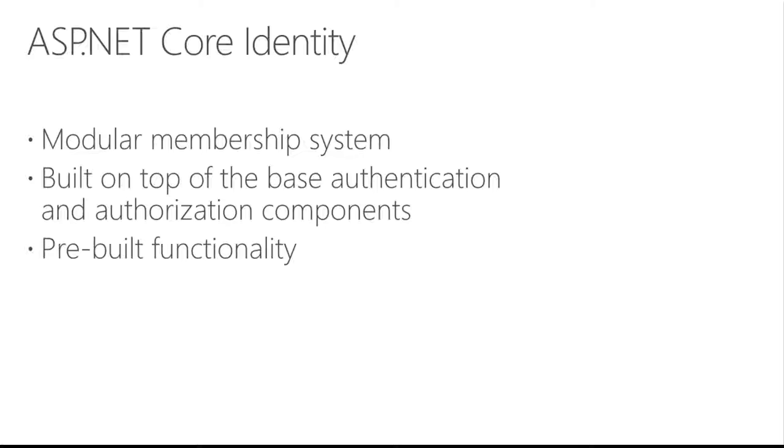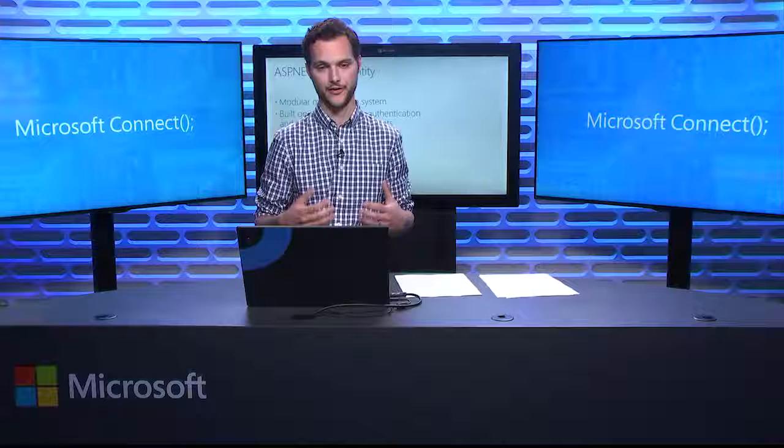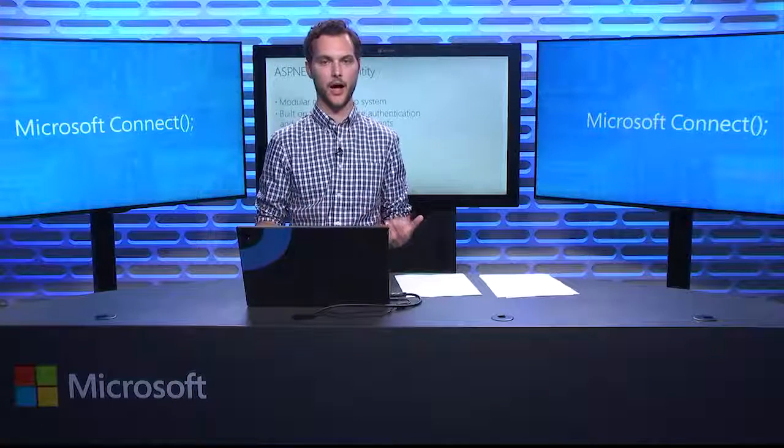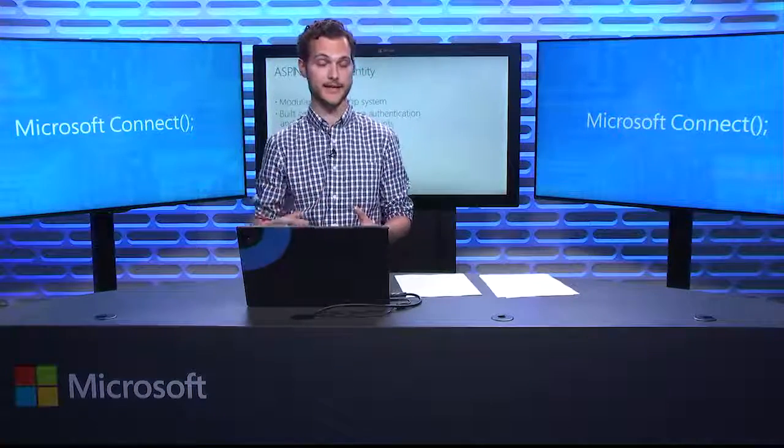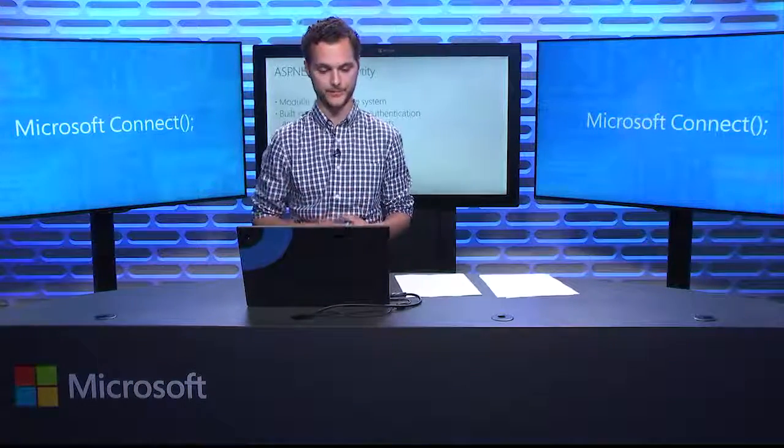But ASP.NET Core Identity isn't like magic or anything. It's just a set of classes and pre-built code that sits on top of those base authentication and authorization components that you just saw. So ASP.NET Core Identity gives you a lot of this functionality out of the box, and you don't have to write it from scratch. But under the hood, it's just calling into those methods like HttpContext.SignInAsync, .SignOutAsync, etc.